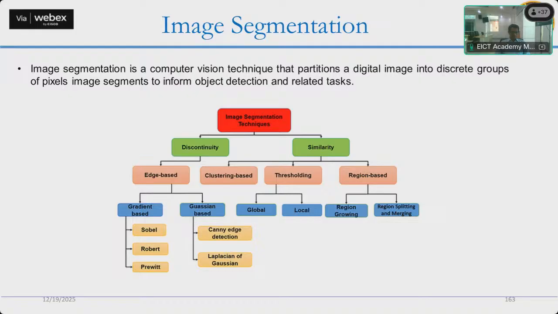Can you infer the difference between image segmentation and the morphological operation of erosion? Any guess, any idea?